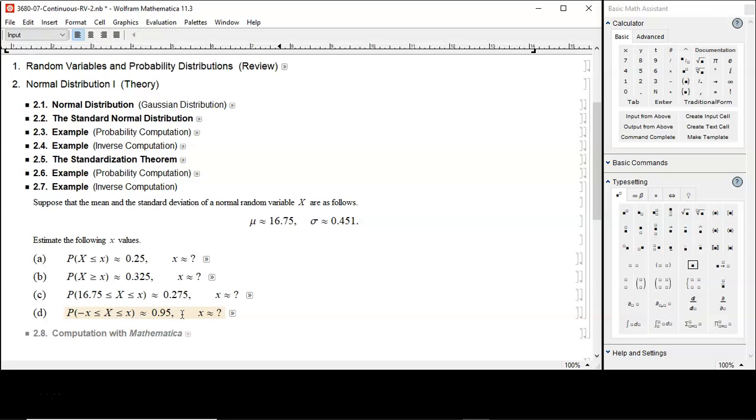So, axis between negative x and positive x is 0.95. This is not right.